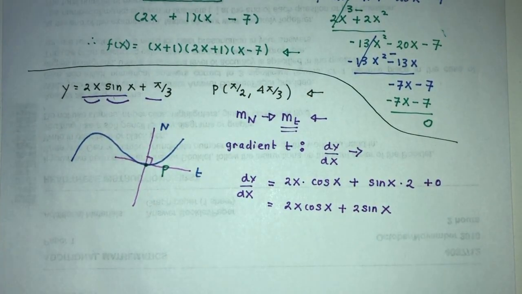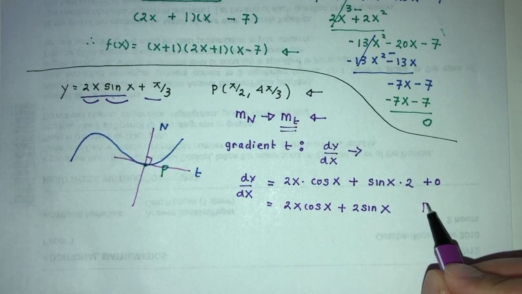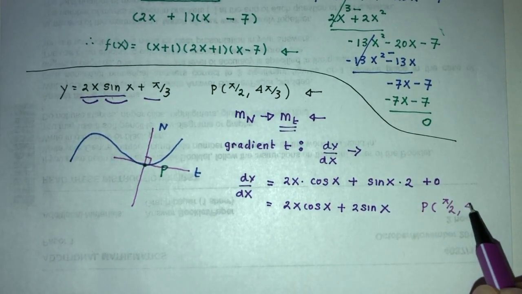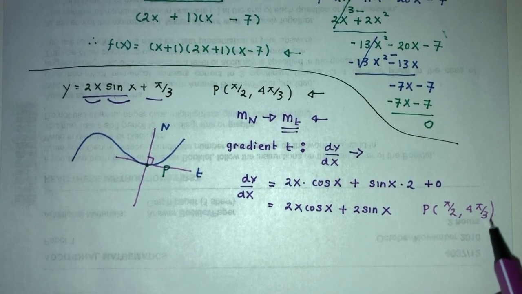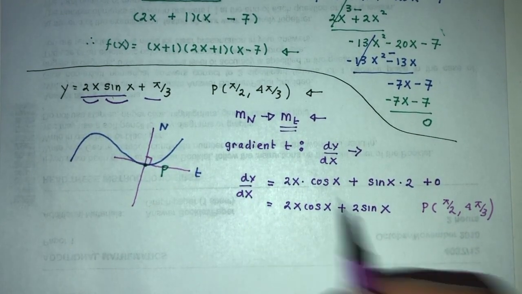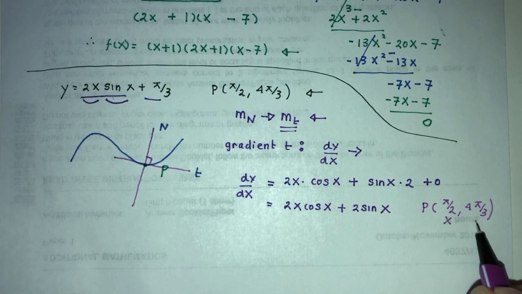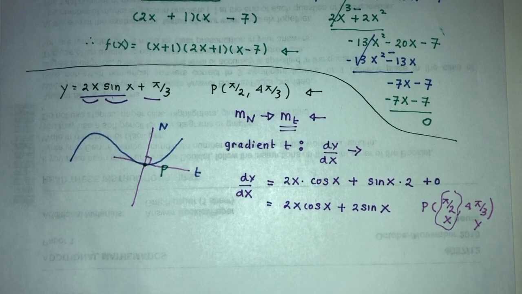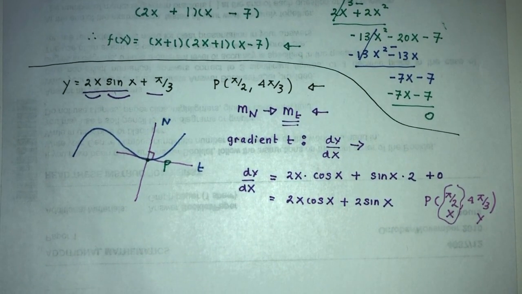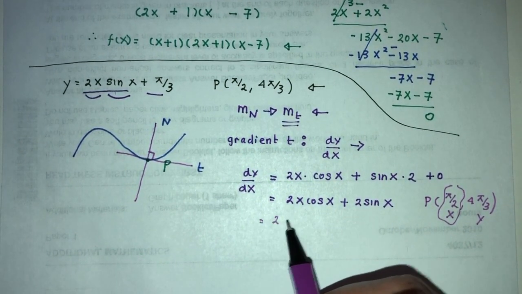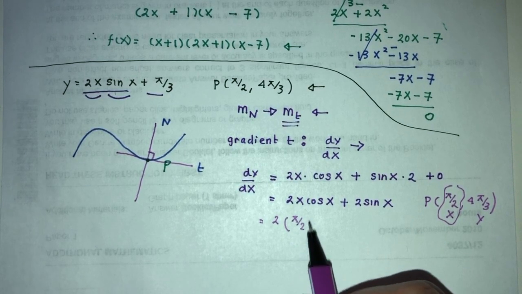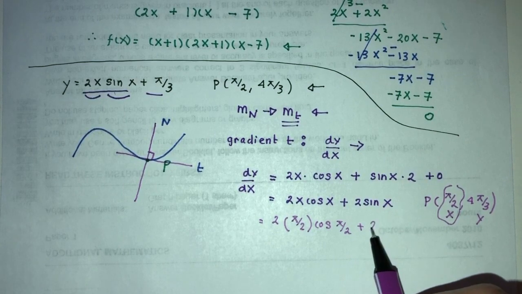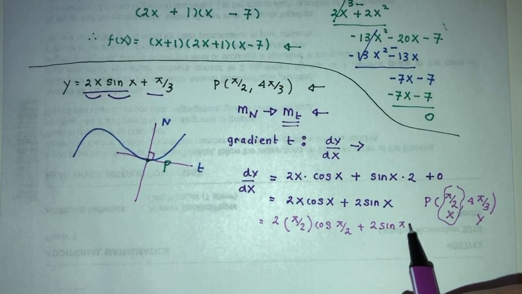Now we want to find the value at the point P. P is pi by 2 and 4 pi over 3. This is your x value and your y value. So let's replace the x value in the dy by dx to find the actual gradient at the point P. You have 2 multiplied by pi by 2 cos pi by 2 plus 2 sine pi by 2.